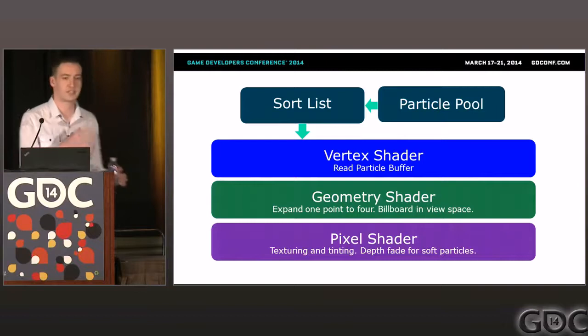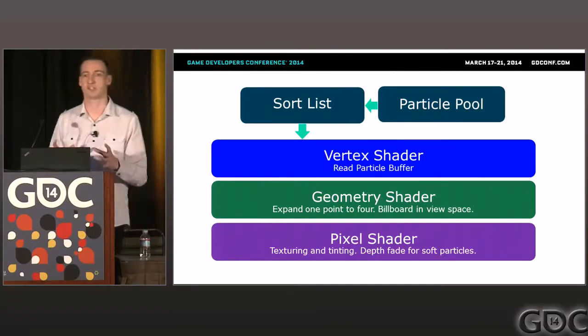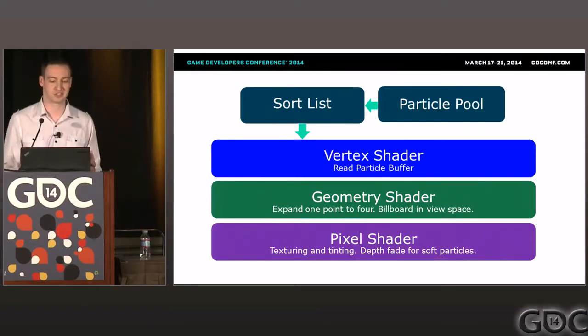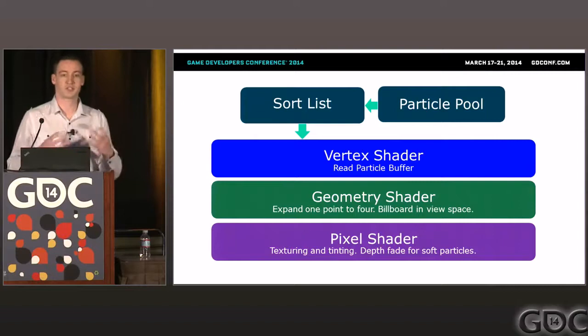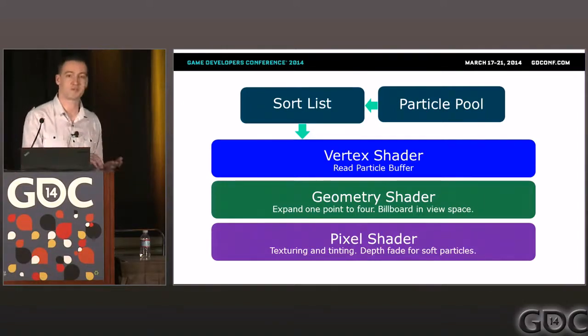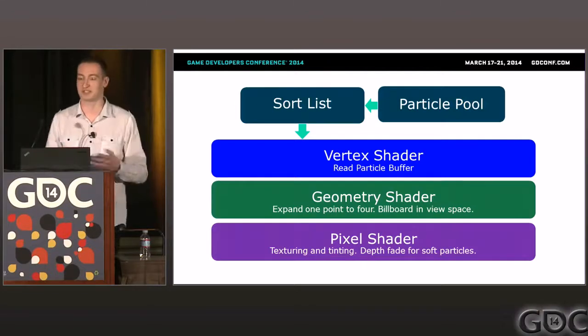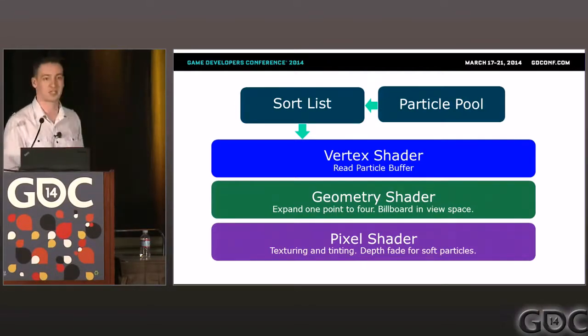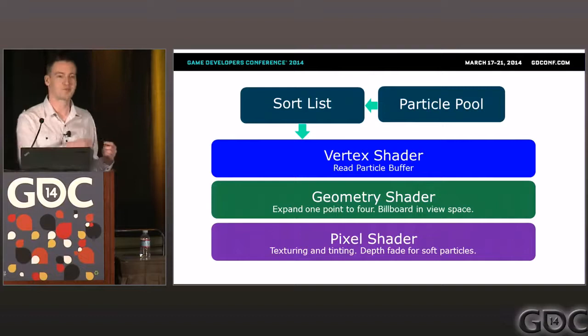And then to get this rendered on screen using camera-facing quads, the path of least resistance here is just to have basically one vertex per particle. So basically we don't need to bind a vertex buffer, index buffer, or input assembly. You just set those all to null in the DirectX API, and you just call draw on a number of primitives.